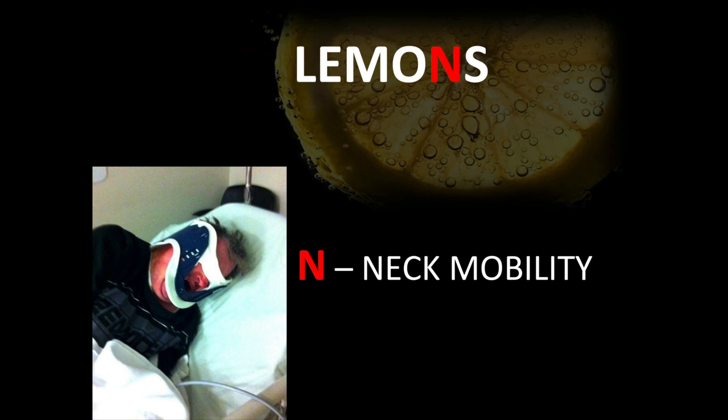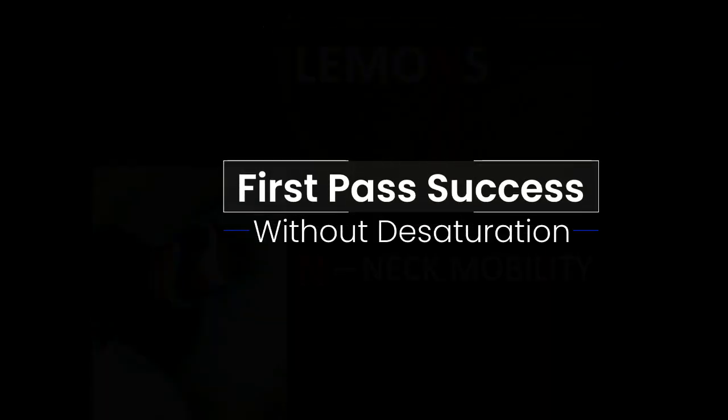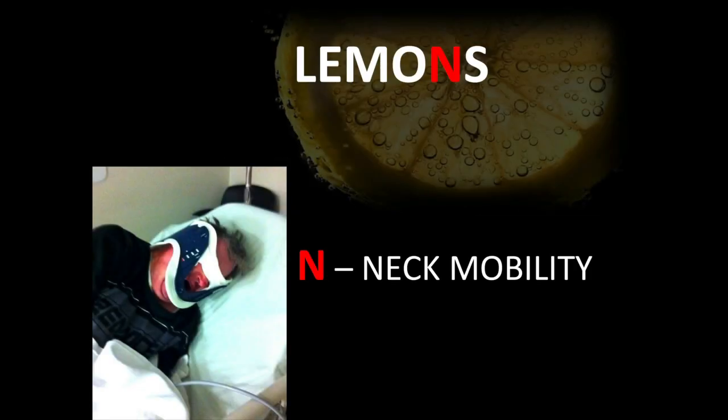Ultimately, though, when we have a patient in the back of an ambulance or a helicopter, we have to make a decision on intubation. The thing we have to remember is first pass success is the key. Can we move the jaw? Can we move the neck? Obviously, not excessive movement, but we want to have the ability to open the mouth, jaw thrust, things like that, to where we can actually open the airway and manage that airway.